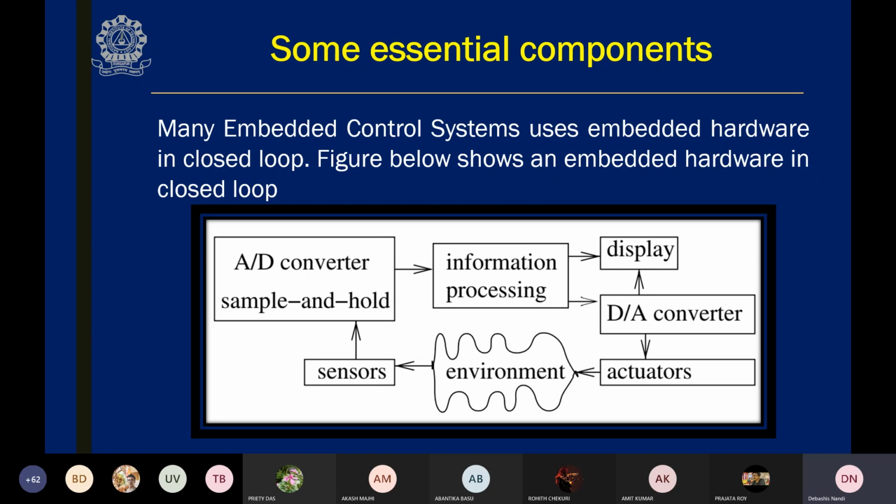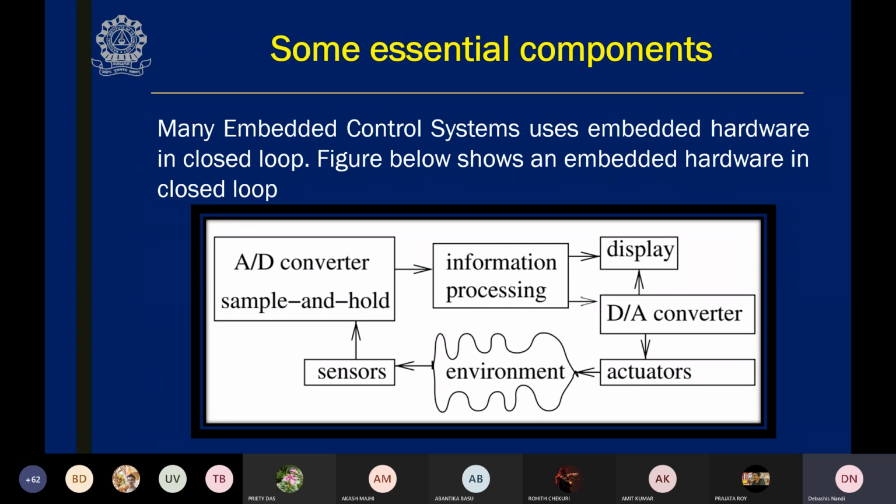For example, if the display unit is an analog CRT, analog CRT means, you know, a cathode ray oscilloscope type of thing, then the input supplied to this CRT will be analog in nature.